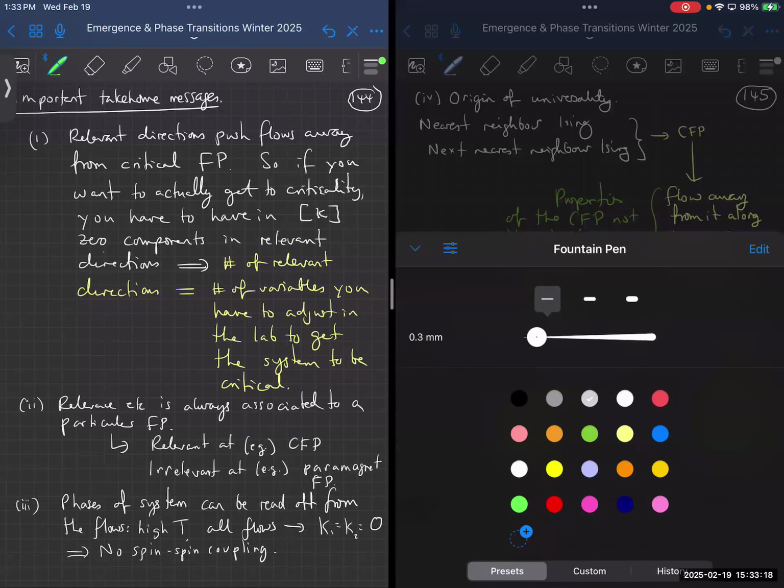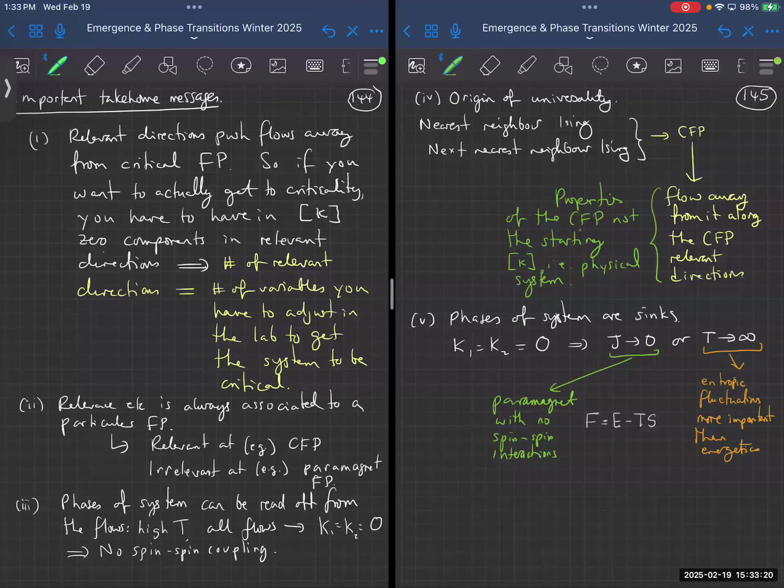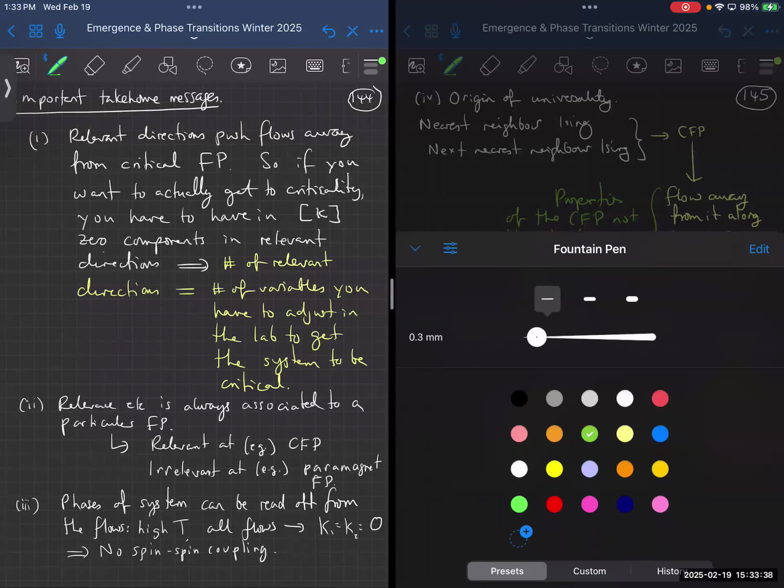Similarly, if we look at what happens when K1, K2 are going to infinity, J over KT has gone to infinity. This can happen in one of two ways.